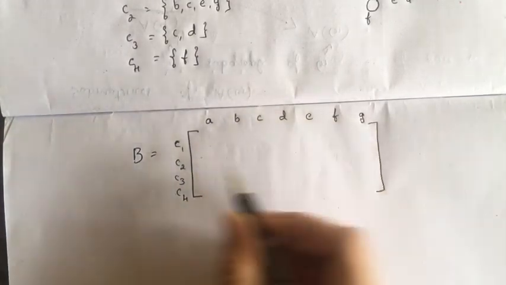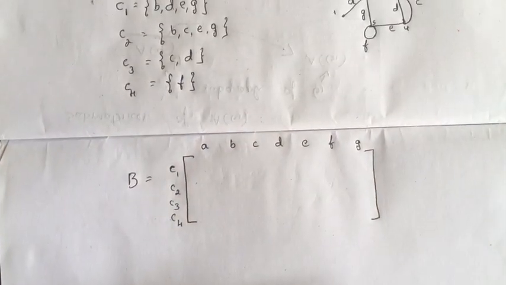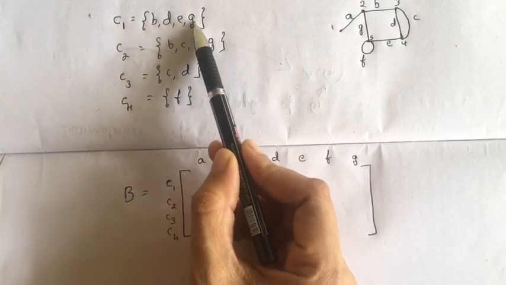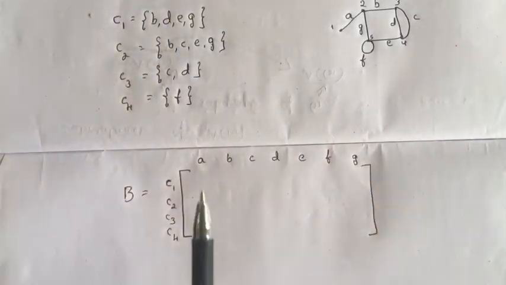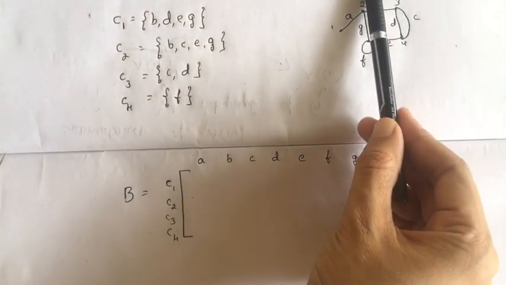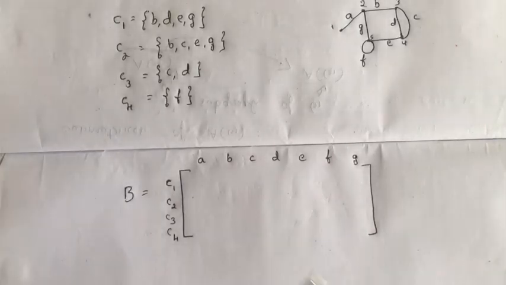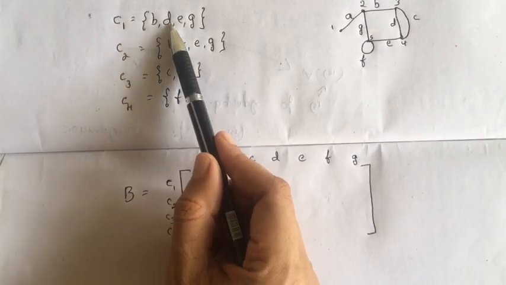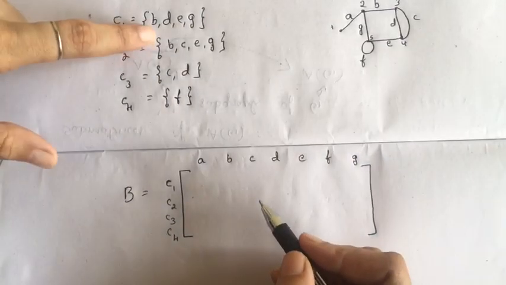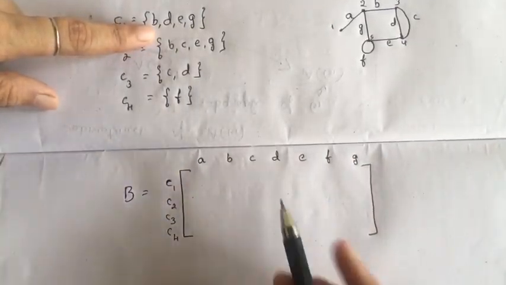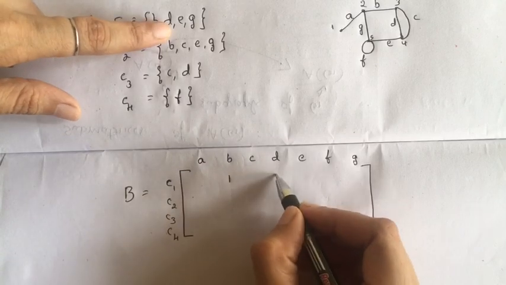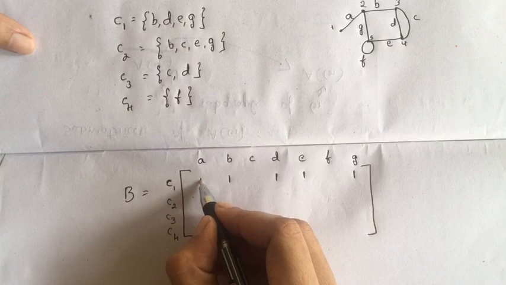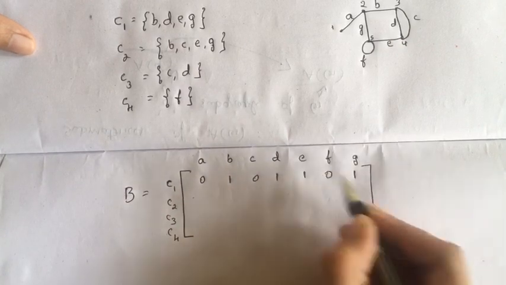Now cycle C1 includes the edges B, D, E, G. If the ith cycle includes the jth edge, then the entry is 1. So for the cycle C1, it includes B, D, E and G edges. So those entries are equal to 1. Rest all the entries are equal to 0.